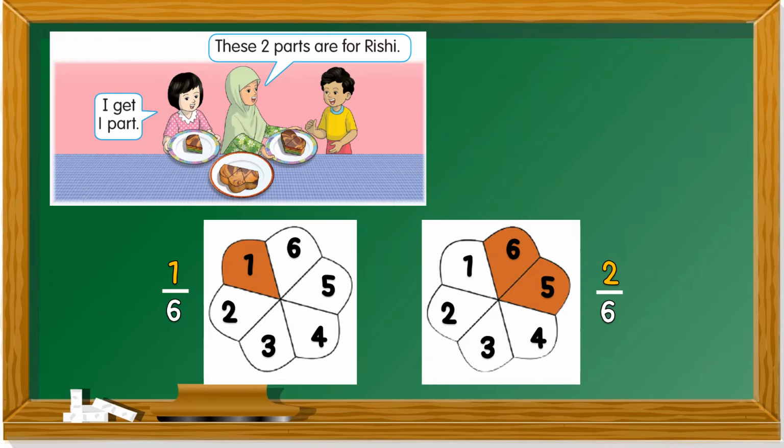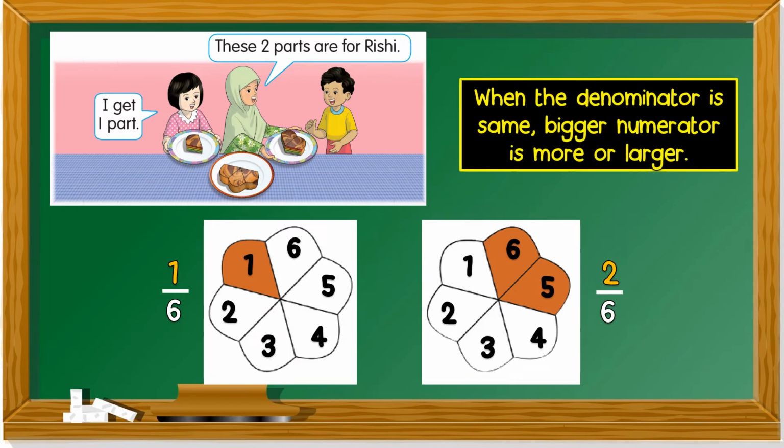Who gets a larger part? 2/6, which is Rishi. Rishi got more, lebih banyak, or larger, lebih besar. So remember, when the denominator is the same, denominator ialah penyebut di bawah. The number below the line. Bigger numerator, remember what is numerator? The number on top.